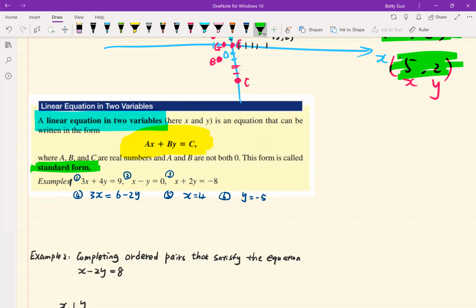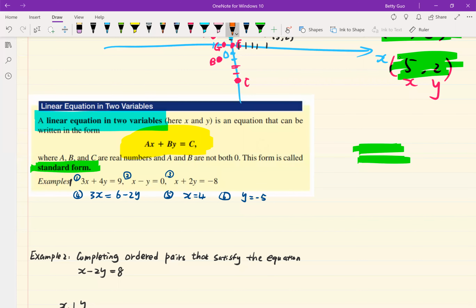Firstly, you see an equality symbol, an equation. Secondly, you see two variables. By the way, A, B, C are numbers. A and B are coefficients of the two variables. A is the coefficient of x, B is the coefficient of y.